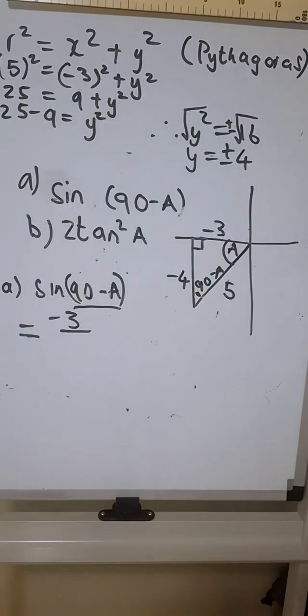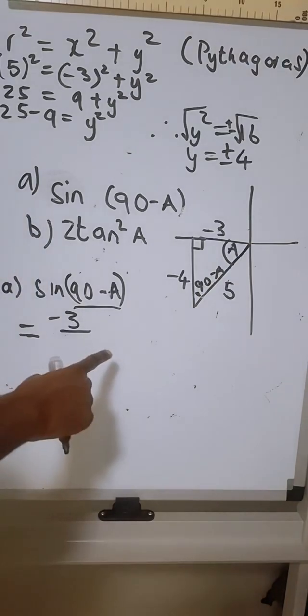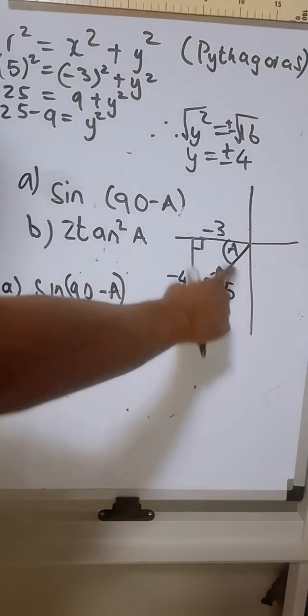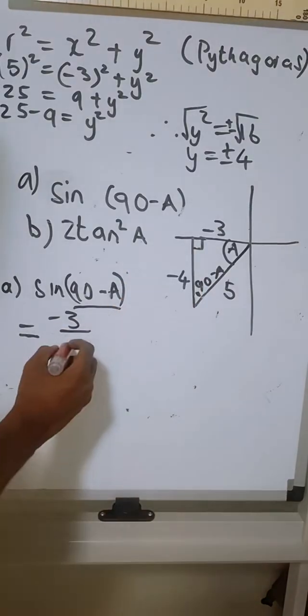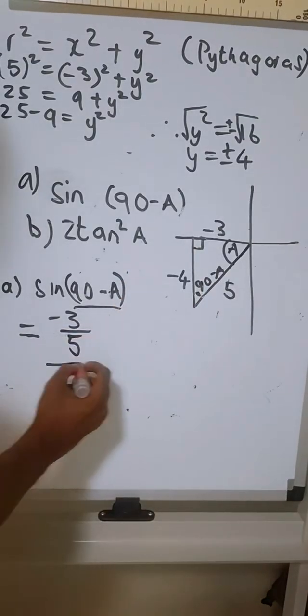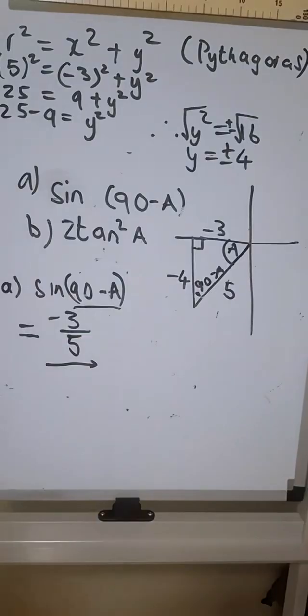Then the hypotenuse for the same angle stays the same: it is 5. So sine of 90 minus A is negative 3 over 5.